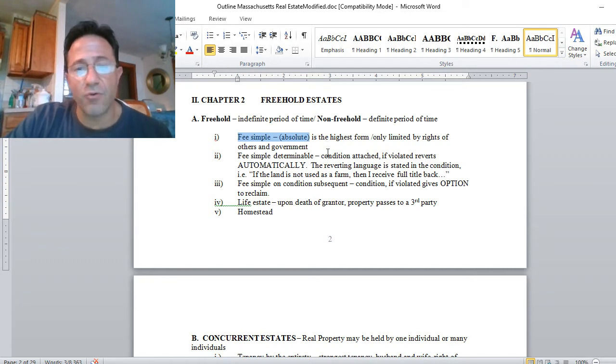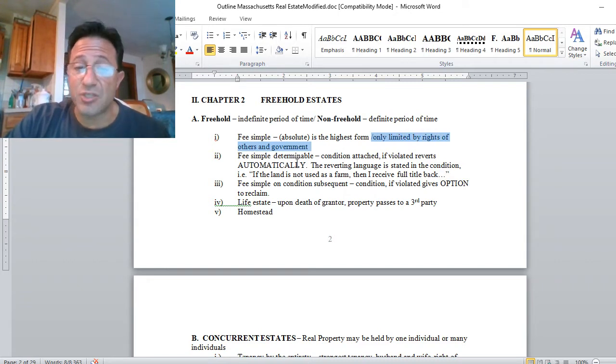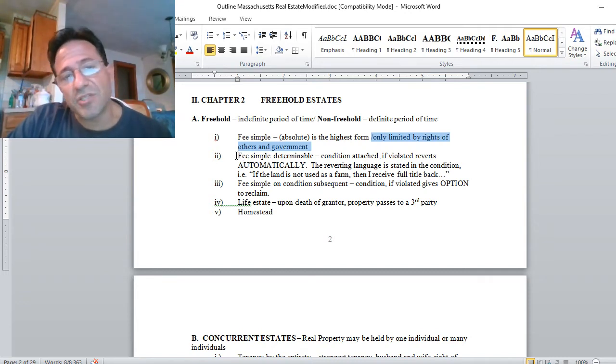It's the highest form, and it's only limited by the rights of others and the rights of government, which we learned about in chapter 1. So that's the best. It's an indefinite period of time. There's no limitations on title, in other words, okay? Now, as we work our way down the food chain, we're going to see some limitations on title.